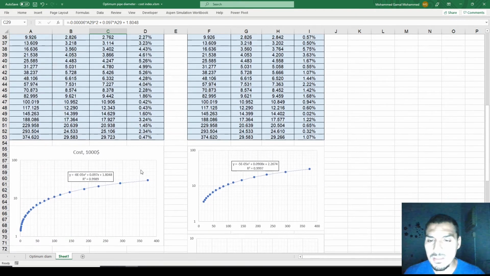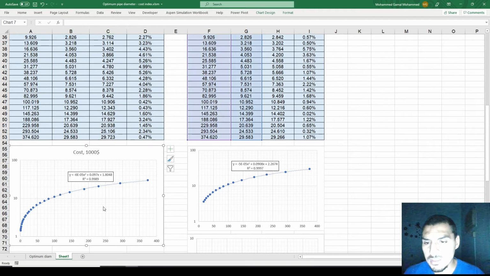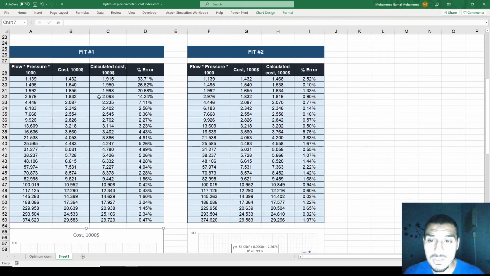And I did it twice. The first time I did the fitting using one equation, which is this, and it gives a very good fit. However, when I compared the calculated values with the actual values, I found that for the low values of flow multiplied by pressure, the error is very high.